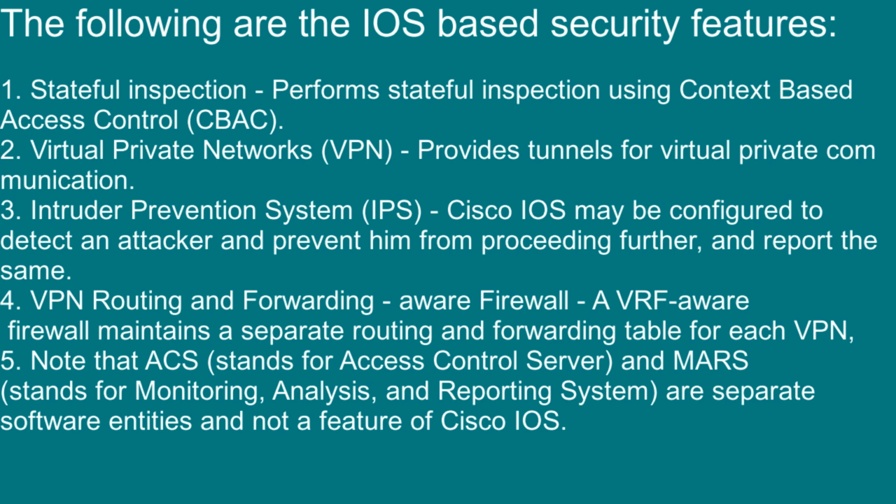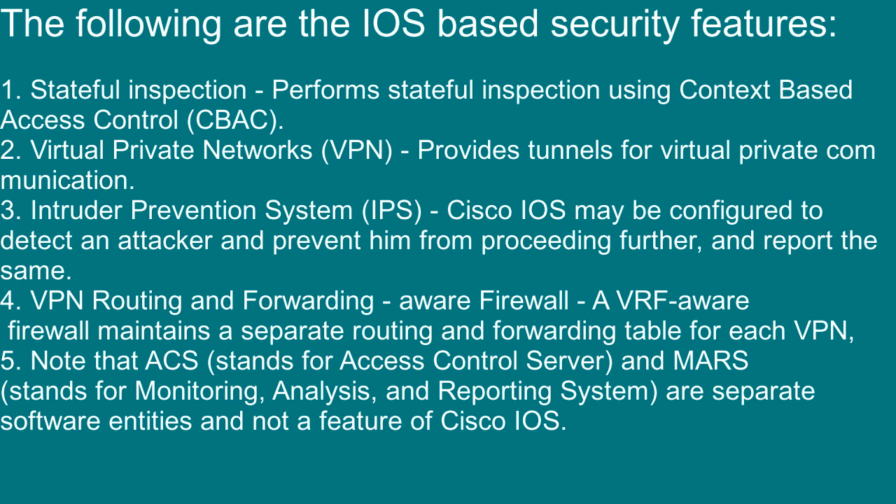The following are the IOS-based security features. 1. Stateful inspection. Perform stateful inspection using context-based access control (CBAC). 2. Virtual private networks, VPN, provides tunnels for virtual private communication. 3. Intrusion prevention system, IPS. Cisco IOS may be configured to detect an attacker and prevent him from proceeding further and report the same. 4.